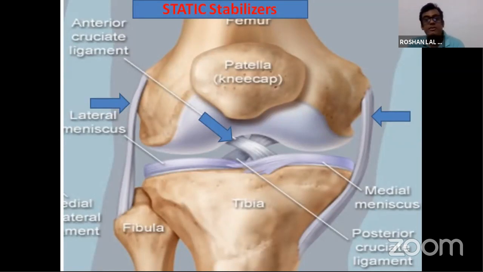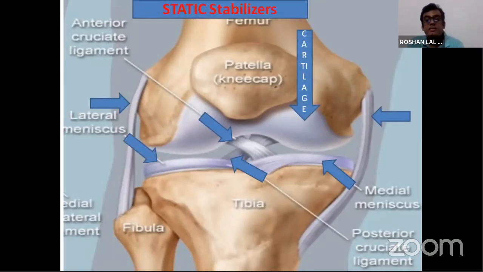If activity demands more translation of the tibia, the anterior cruciate ligament and posterior cruciate ligament prevent excessive anterior translation as well as posterior translation. The menisci provide cushion to the knee joint and act as a shock absorber.